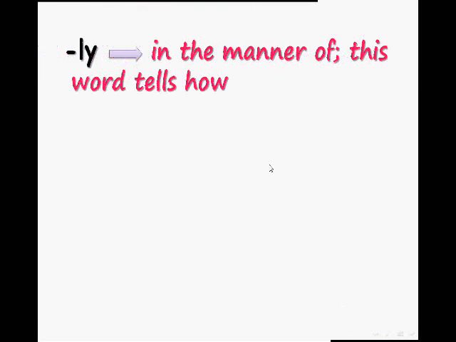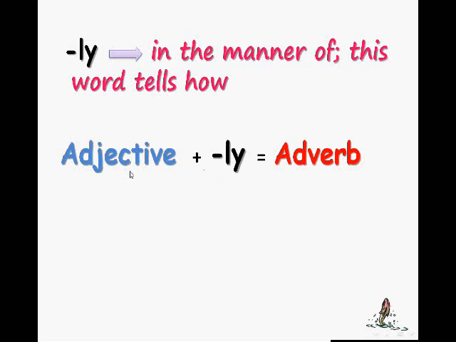Also, the suffix ly, it has a certain meaning, and I think you know that very well. So ly means in the manner of, or it means that this word tells how something is done. Okay, so adjective plus ly means adverb, and again, this is a very good way in order to know the different parts of speech.